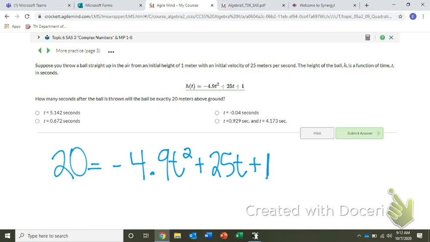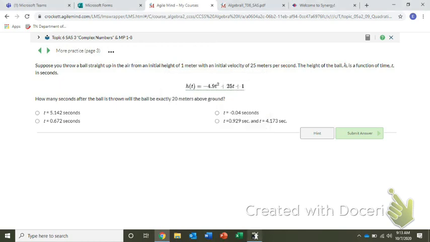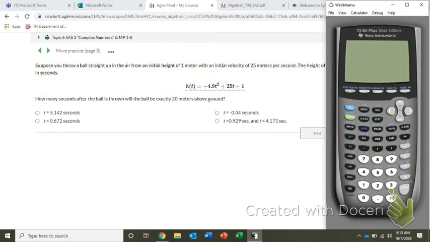First, what I want you to do is find the discriminant. No, I don't. Take that back. I don't want you to find the discriminant. I want you to go to your calculator, go to your y equals, and type in the function rule.